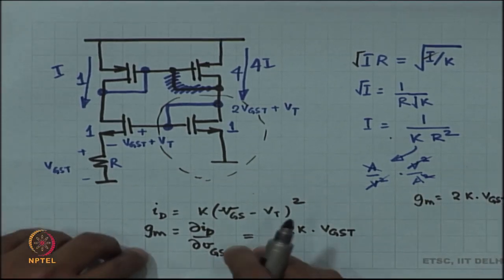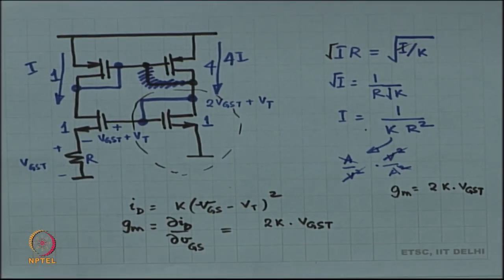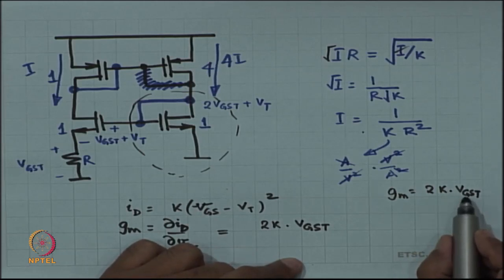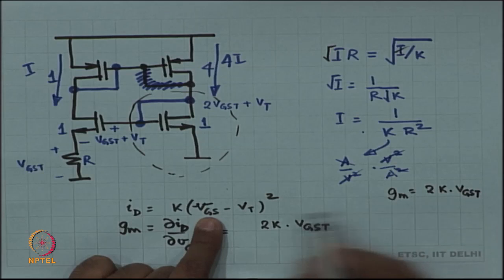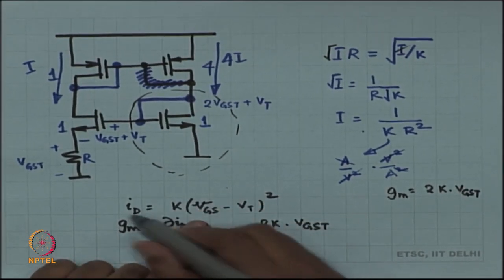This is when the knowns are K and VGST and I is not really known. Of course, you can compute I from K and VGST, but if you fix I, then maybe it might be easier to do it in a different way. Okay. So, for example, you could replace VGST over here with VGST squared is equal to I by K.